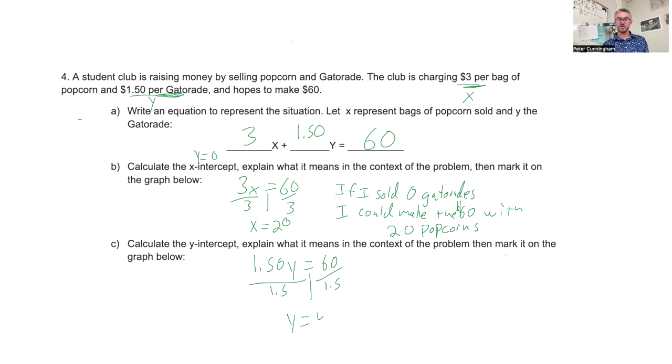That means if I only sold Gatorade, I need to sell 40 to make $60.